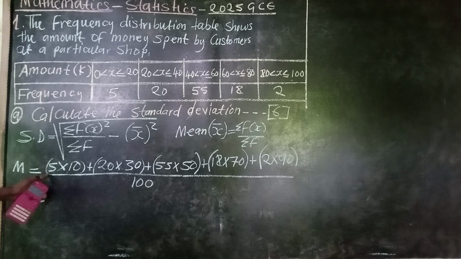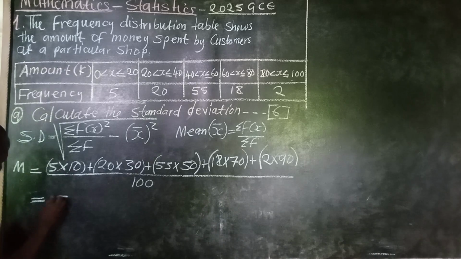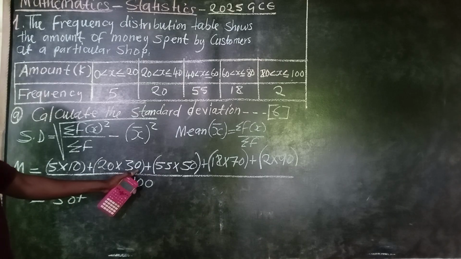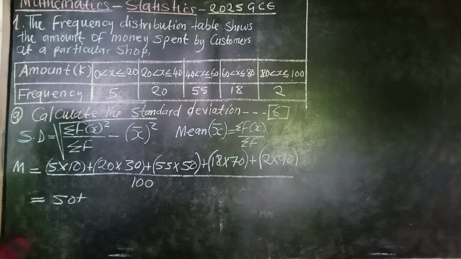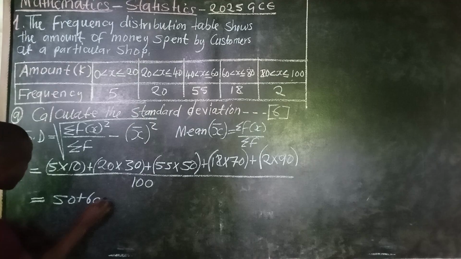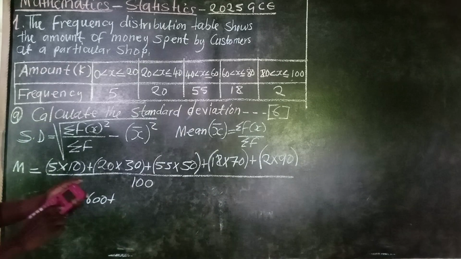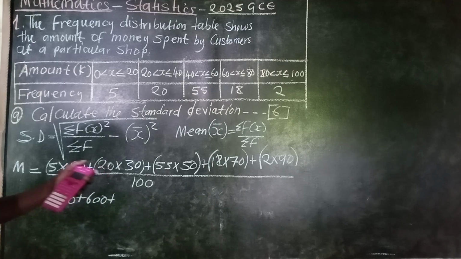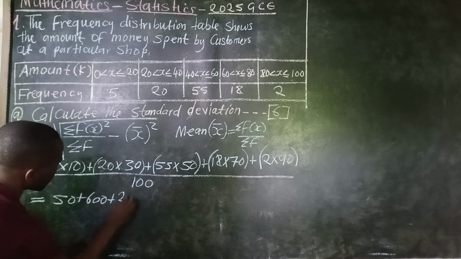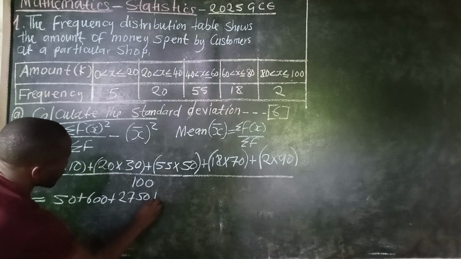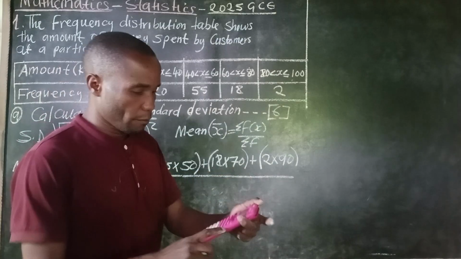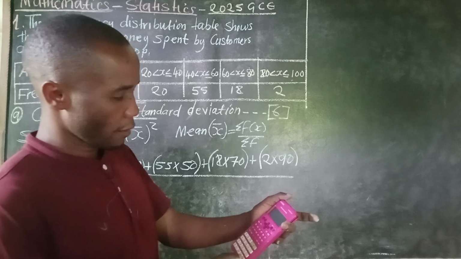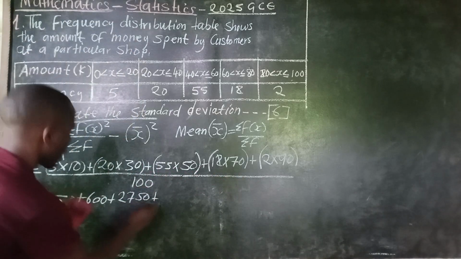So you are going to say 5 times 10, that will be 50. Okay, 50 plus, then 20 times 30 is 600. Then plus 55 times 50, the answer is 2,750. Then plus 18 times 70, the answer is 1,260.